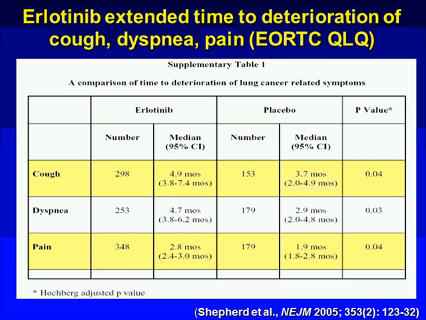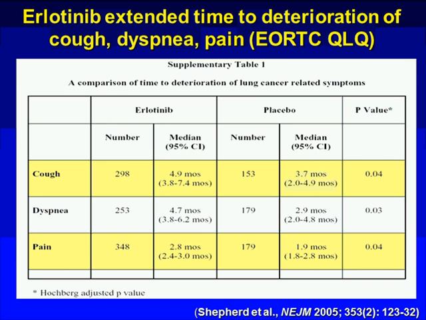Finally, here's an example from the EORTC instrument where 3 symptoms, cough, dyspnea, and pain, were compared in the erlotinib versus placebo registration trial for erlotinib or Tarceva. And the time to worsening of cough, dyspnea, and pain was longer, or that is better, on erlotinib versus placebo by a factor of 1 to 2 months.